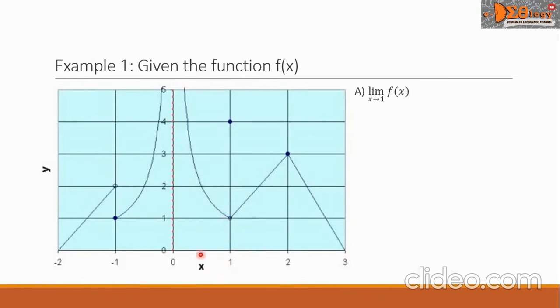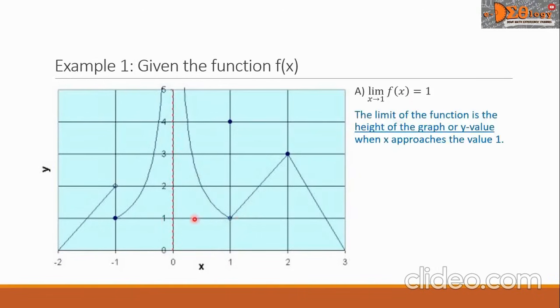And when we consider the left side and the right side of 1, the graph is also coming to a single value, which is 1. So the answer here is 1. We can say that the limit of the function is the height of the graph, or y value, when x approaches the specific value. In this case, it is 1.